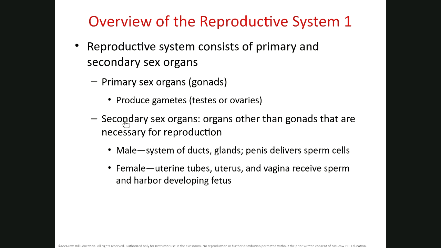So the primary gonads here would be the ovaries and the testis. All other organs of the reproductive system, for example, the uterus, the fallopian tubes, the vaginal canal, the cervix, or in the male, the vas deferens and prostate gland, are all secondary. The primary is always going to be the testis and the ovaries.